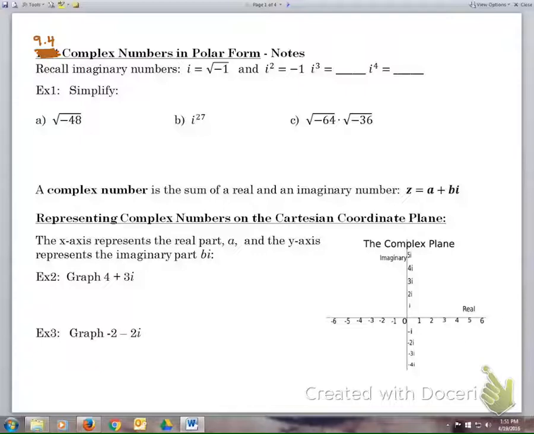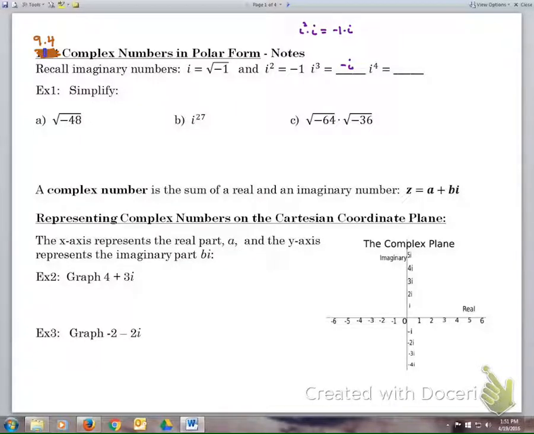So complex numbers in the polar form. If you remember from Algebra 2, i equals the square root of negative 1, and i squared equals negative 1. And i cubed would equal, as you can see, I wrote up there, i squared times i, which is negative 1 times i, which would be negative i.